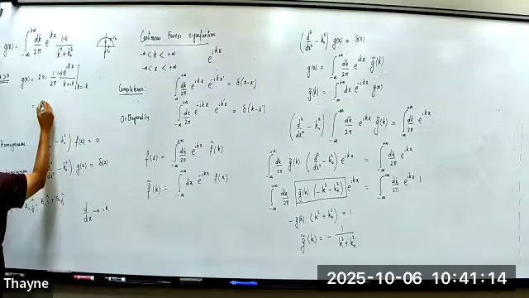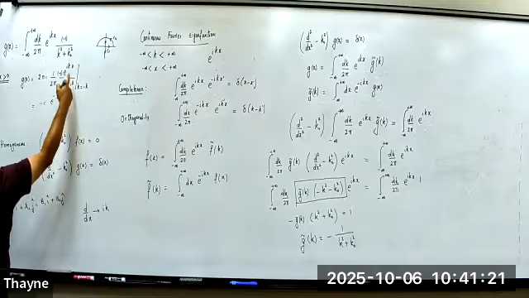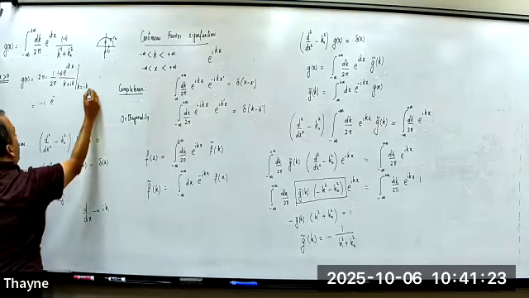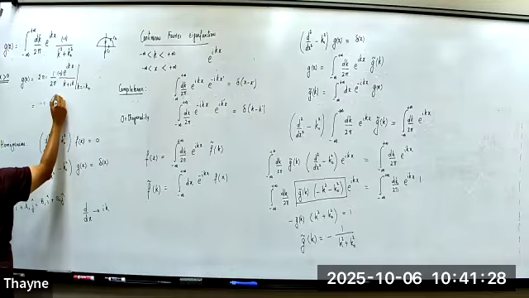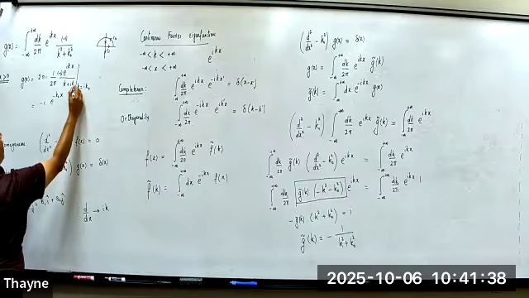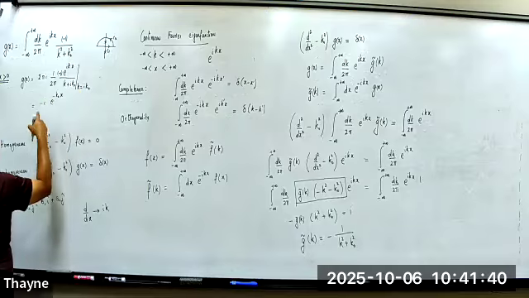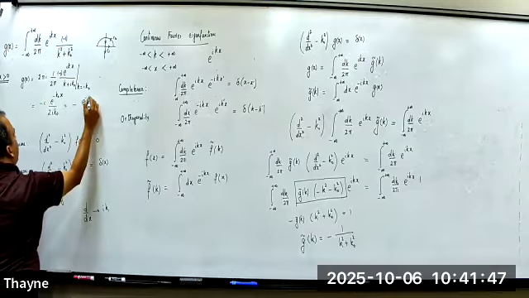So this is minus i e raised to minus k naught x, and then this is 2i k naught. So i cancels out, and then this is minus.